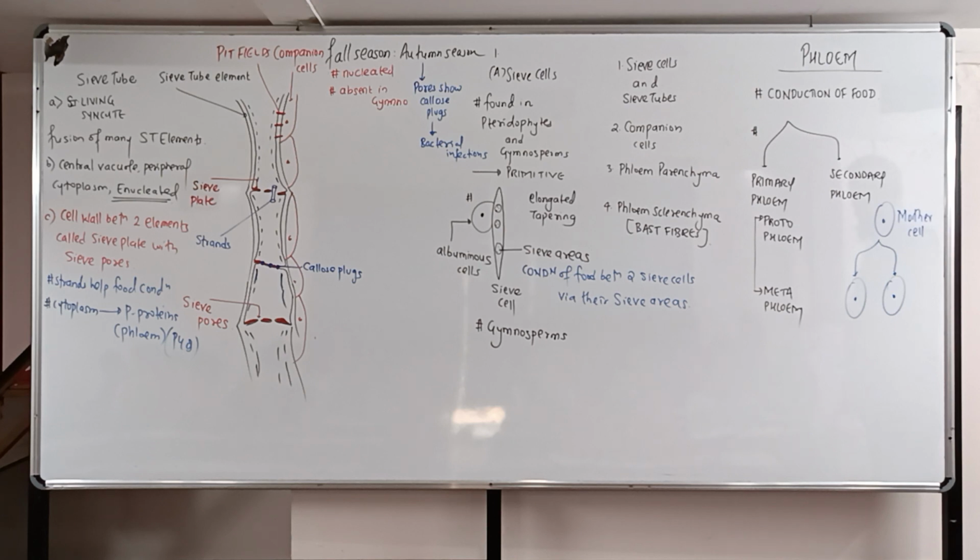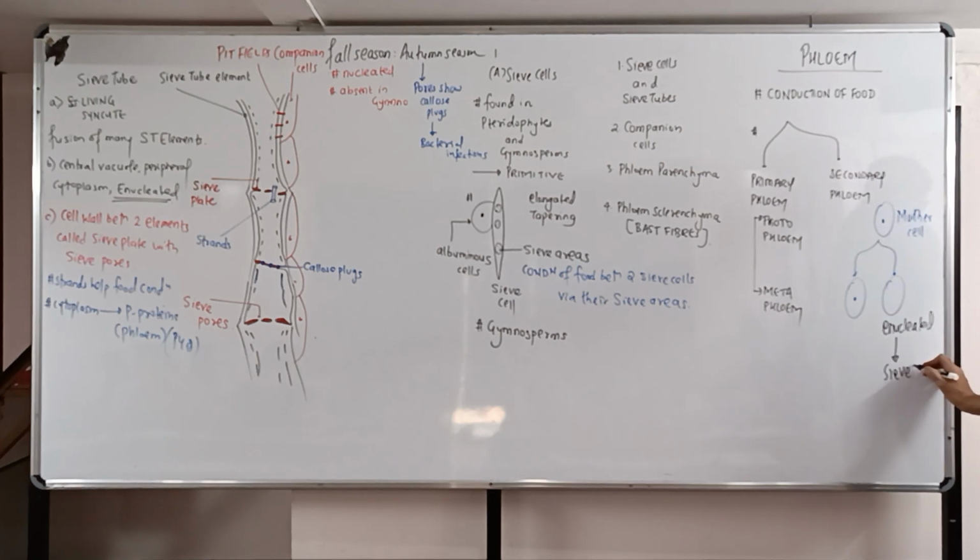Out of these two daughter cells, one of the daughter cells is enucleated, and she became committed that I will form a sieve tube. So can I say both of them are sisters to each other? Because they are born from the same mother.